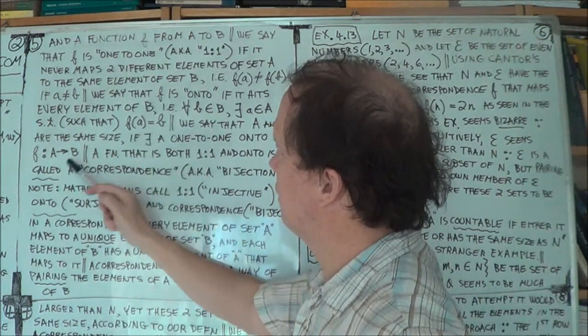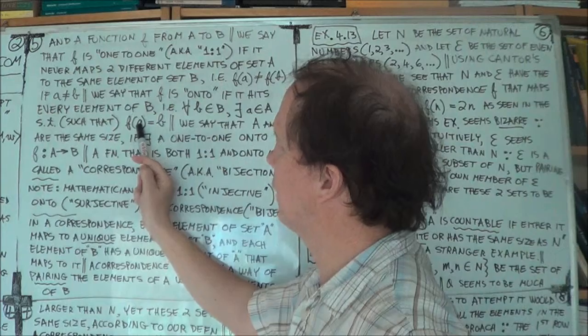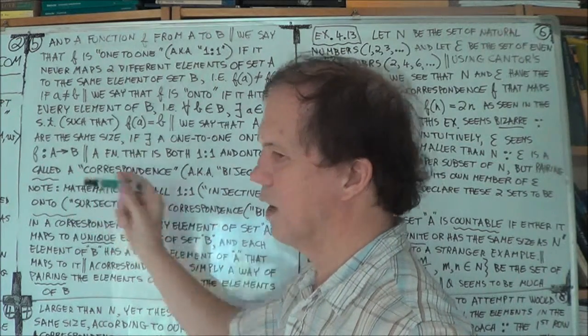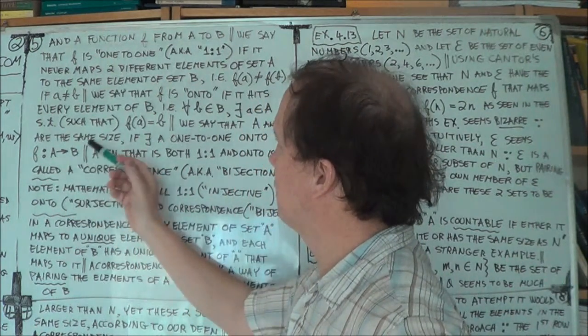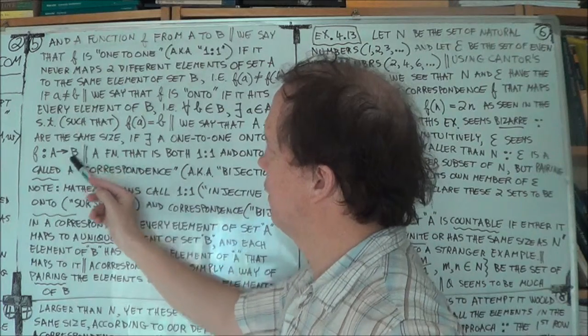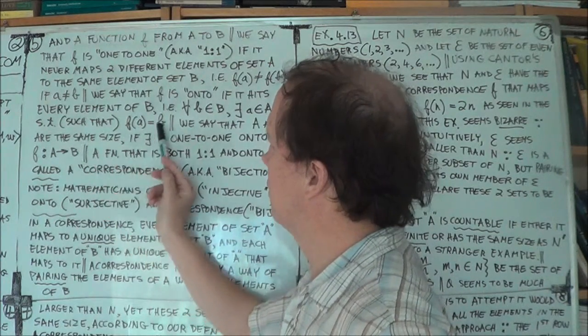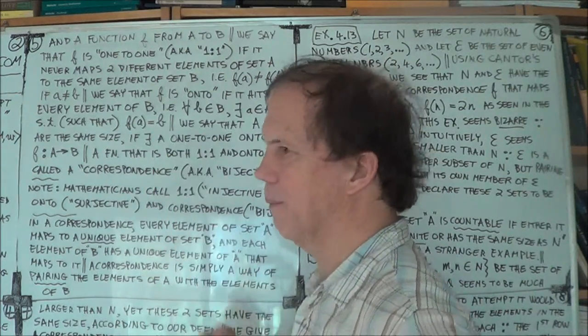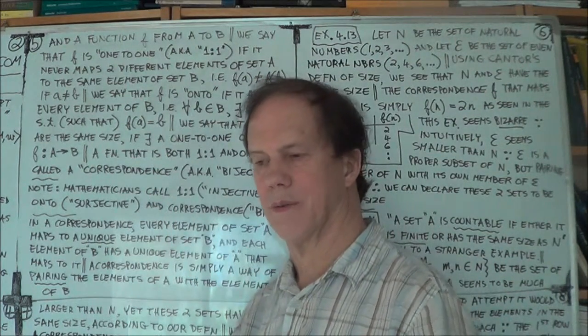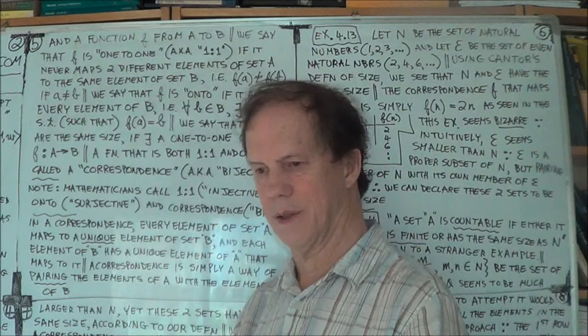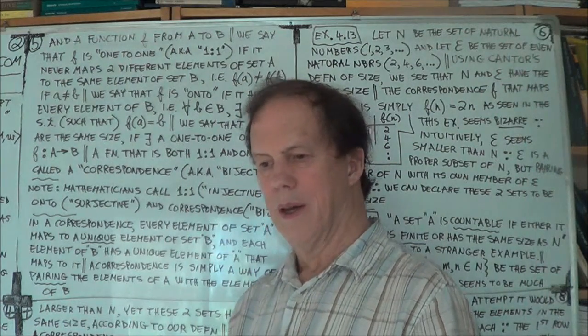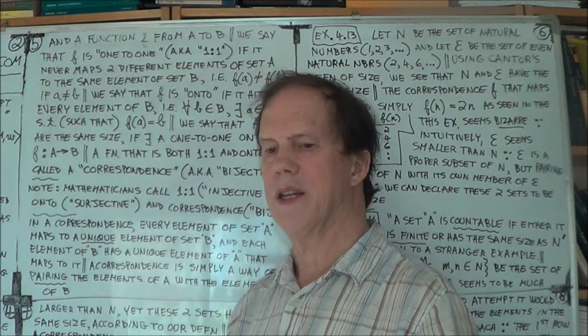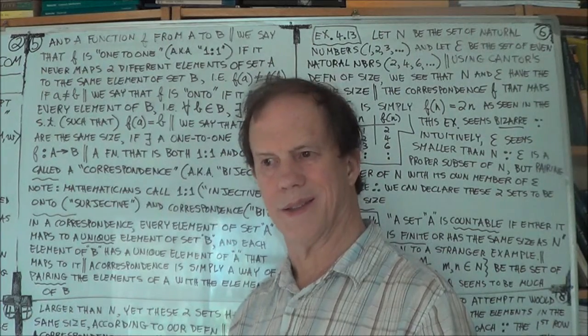So you take some element of A, call it little a, you plug it into that function, and you'll get some member of big B, we'll call it little b. So f of little a is equal to little b. That's what a function does. It maps members of one set into members of another set.